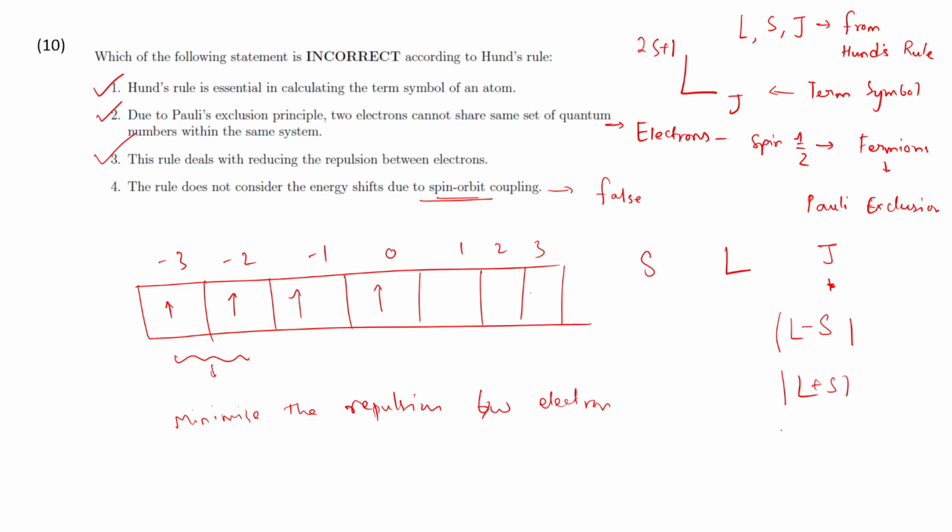Then we calculated the effective magnetic moment using g, the Lande factor, which is a function of J, L, S, and J into J plus 1. What this J contains is the spin orbit coupling already. So it does take it into consideration. So this statement is wrong.